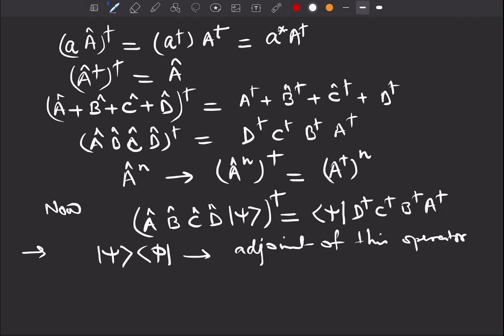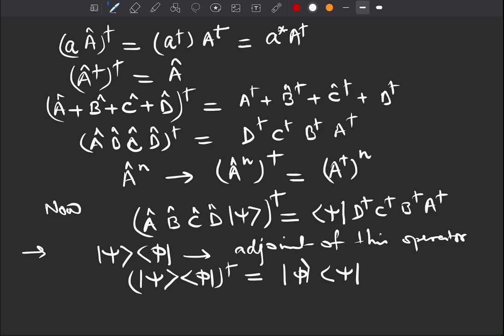The adjoint of this operator, which can be written as ket psi bra phi, is equal to ket phi bra psi. So you can see that the ket becomes bra and bra becomes ket in the opposite order.